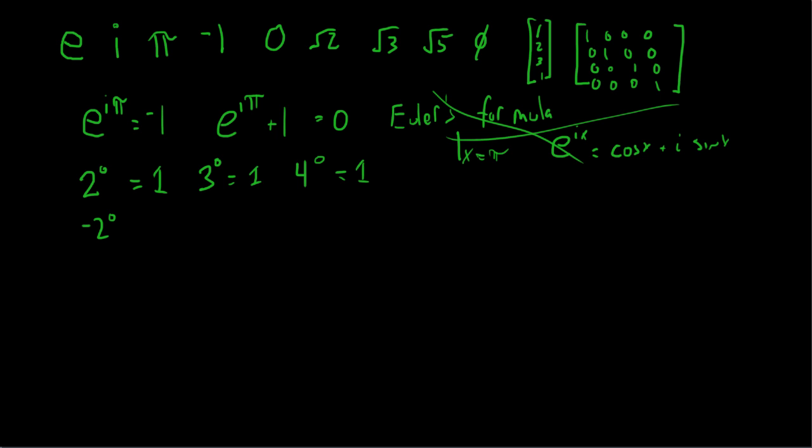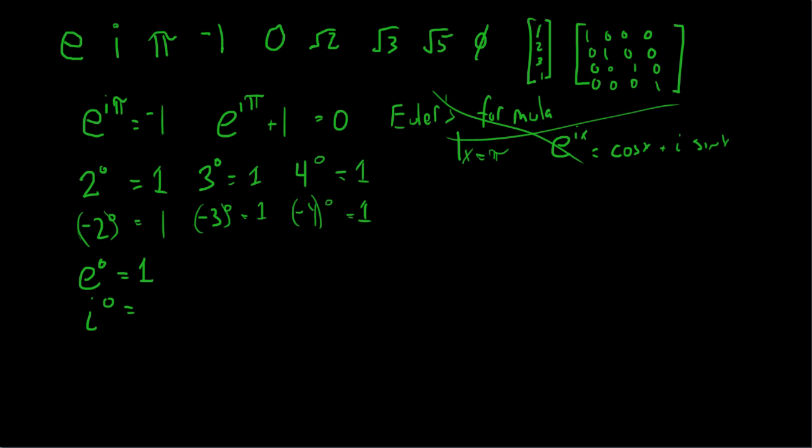Minus 2 to the 0 power equals 1. Minus 3 to the 0 power equals 1. Minus 4 to the 0 power, and you probably should get in the habit of doing this if you're on a computer, equals 1.